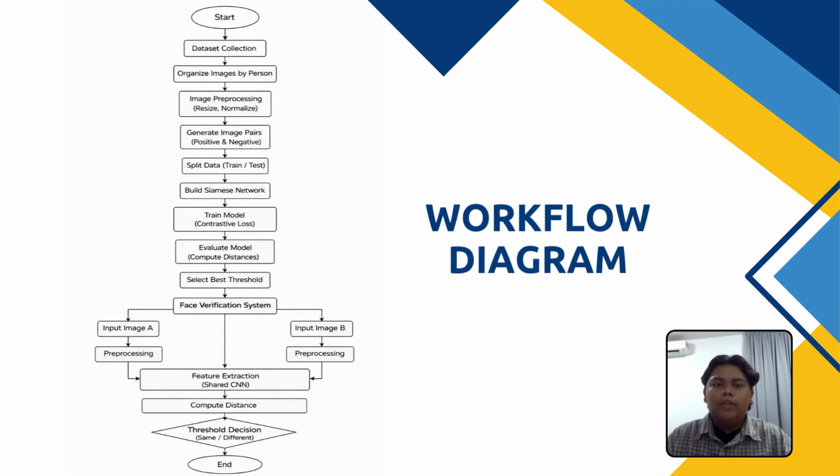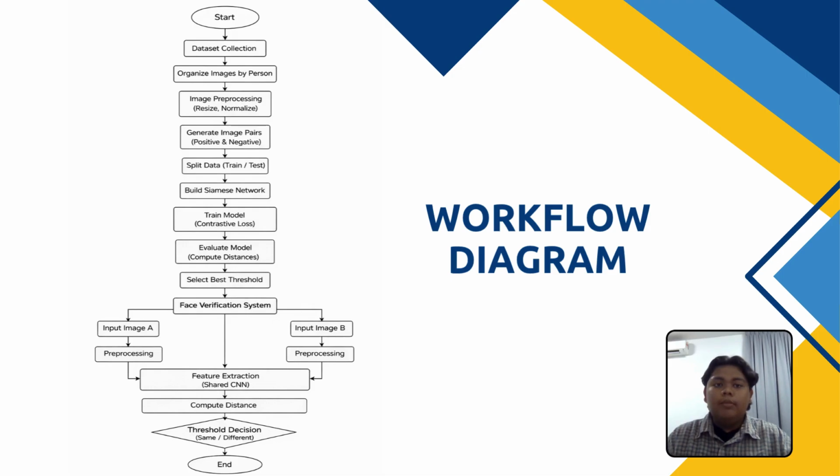Then, all of the images are pre-processed by resizing and normalizing them so they can be used for training. After that, the system creates image pairs, including positive pairs, which are the same person, and negative pairs, which are different people, and splits the data into a training and testing set.